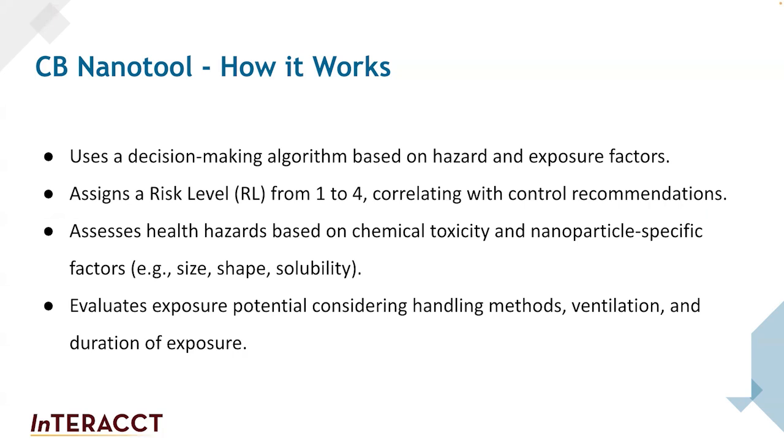For exposure potential, it looks at how the material is handled, the level of ventilation available, and how long workers are exposed. This combined approach allows the tool to recommend controls that are tailored to the specific nanomaterial and workplace scenario.